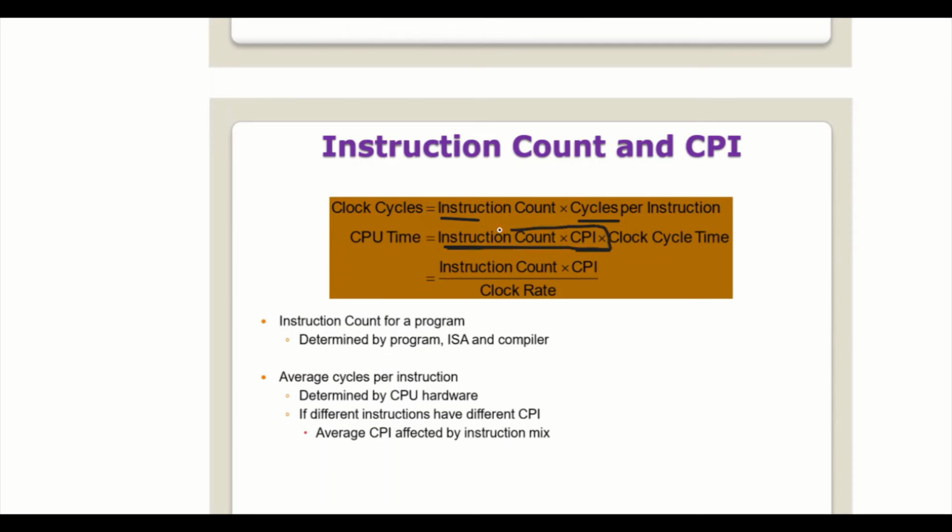We just calculated the cycles. Multiply that number with the cycle time. We don't have cycle time, we have clock rate. So, divide. Instruction count times CPI is the cycles, which we already calculated. Divide by clock rate. That's it. You got the idea? Just divide by clock rate.